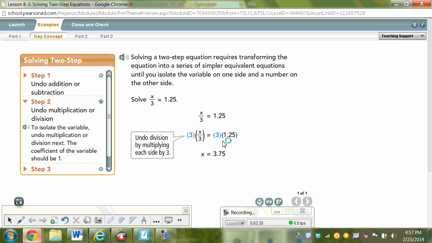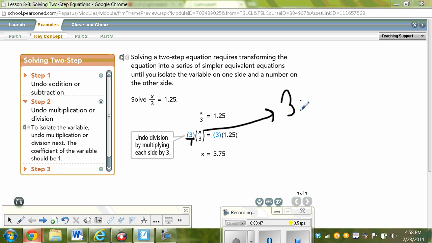Whatever I do to one side, I have to do to the other. Remember, you may also always place a number over 1 without changing it. It kind of keeps things nicely lined up for you. This would give you, and I'm going to write it over here because I have lots of space, 3x over 3. When you have the same number over the same number, so you have 3 over 3, that really becomes a 1. So then you get 1x, or as you know, mathematicians tend to be a little lazy.